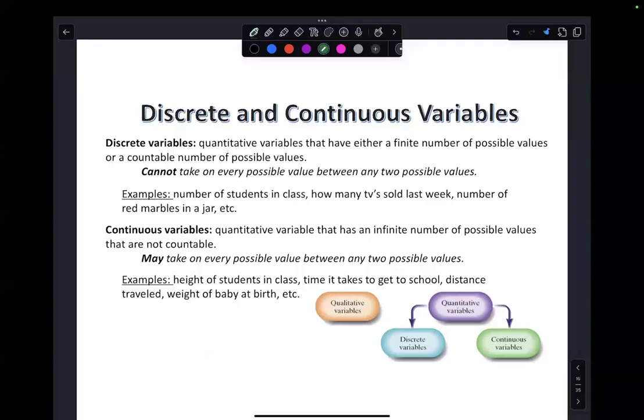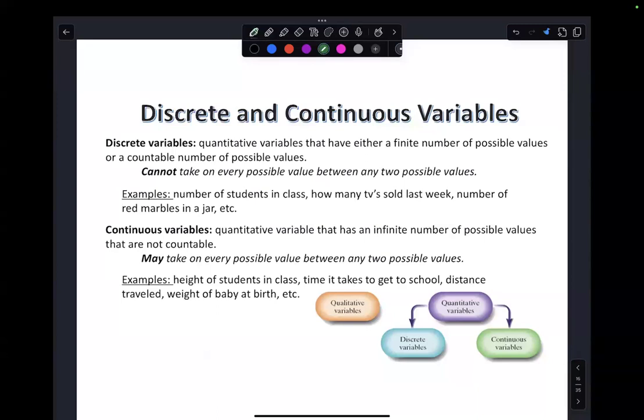It's not going to be 45 degrees until it was all the other degrees leading up. I don't go straight from 45 degrees to 46 degrees. So examples: height of a student in class, time it takes to get to school, distance traveled, weight of a baby at birth. It's usually something that's been measured.